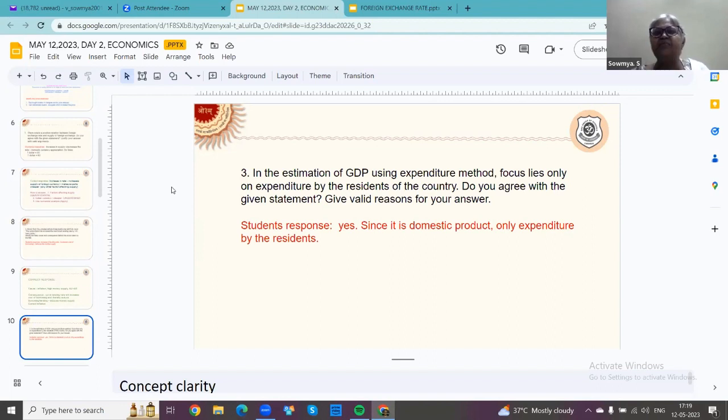They're asking about something else. What are they asking about? In the estimation of GDP, right? They're asking about the domestic territorial income and they're specifying the method.